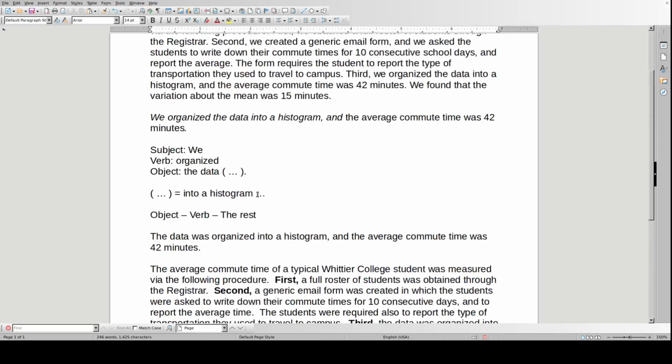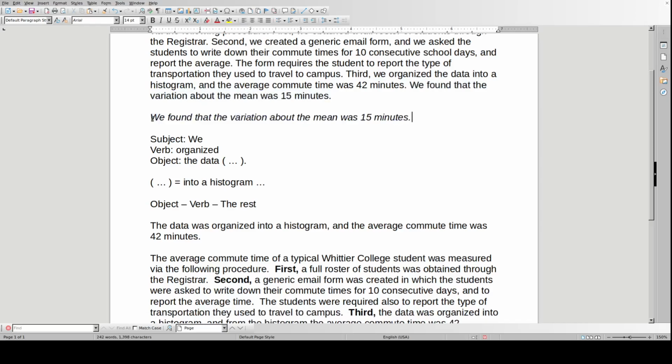Finally, we have one more sentence to go. We found that the variation about the mean was 15 minutes. So this is our final result from the analysis. The subject is we, the verb is found, and then you might put the word that.